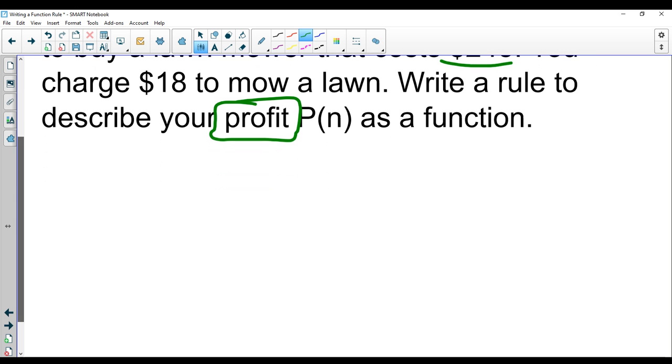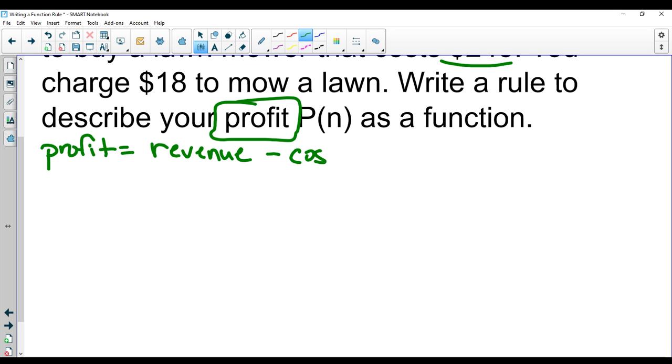Now, you all learn economics, and I don't know if you've learned it yet, but you should know that profit is going to equal your revenue minus the cost. So revenue is like all the money that's involved in the project, how much you've spent and how much you're charging, and then you have to subtract off the initial cost before this, okay?